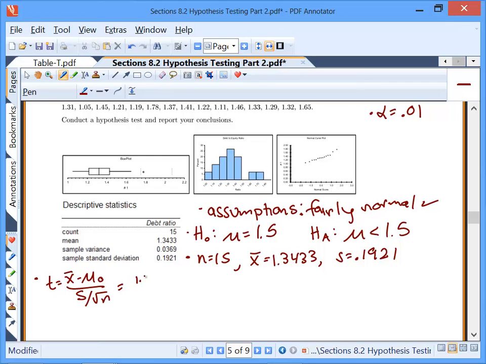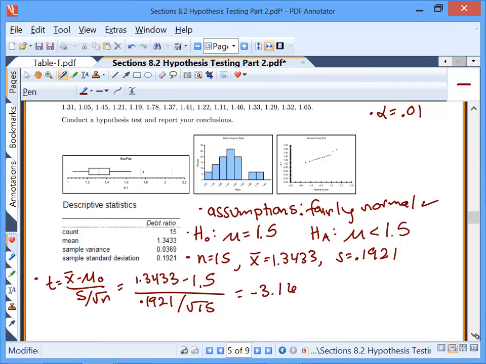So let's see, 1.3433 minus my hypothesized value of 1.5 over 0.1921 over the square root of n. I got negative 3.16. Everyone else?